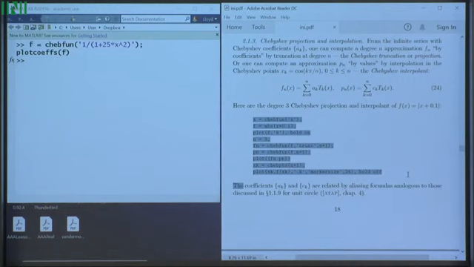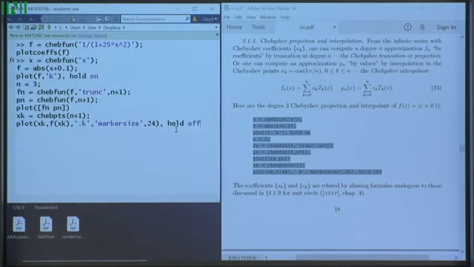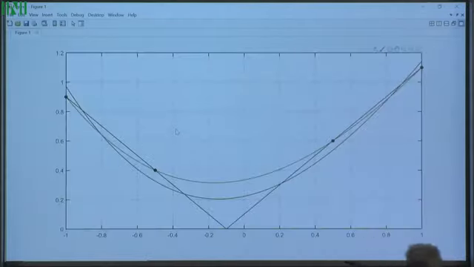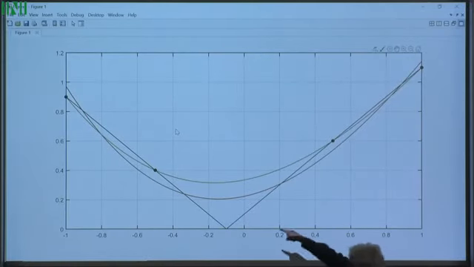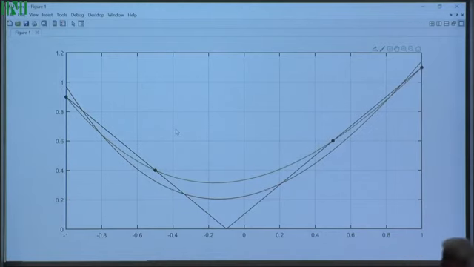And with just degree 3, we look at its Chebyshev projection and Chebyshev interpolant. So here I do that. You see the absolute value in black. The one that goes through the black dots is obviously the interpolant, and the red curve then is the Chebyshev projection. Notice there's not that much difference. There's no exciting difference between the accuracy of projections and the accuracy of interpolants. It's the same. The difference is in practical matters.